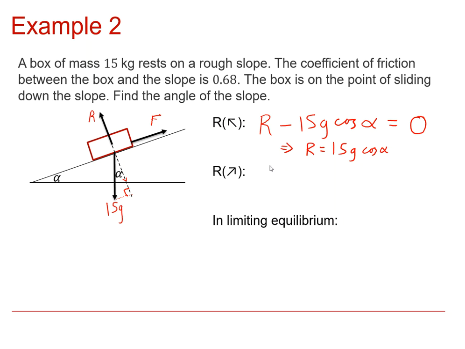And then if we look parallel to the plane, we have F minus the component of this weight, so that's 15g sine alpha.